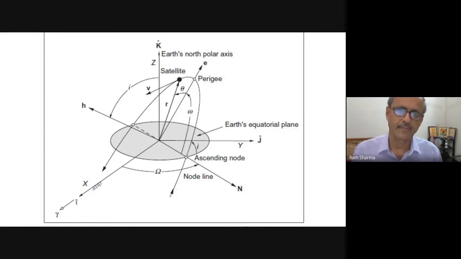When I started my research, I adopted the Theory of Orbits by Szebehely, because I was working on restricted 3-body problems. So that book was, you can say, like my Bhagavad Gita. I used to read it quite a lot. Even then, many things we don't understand when we start in the beginning. But gradually we start understanding.